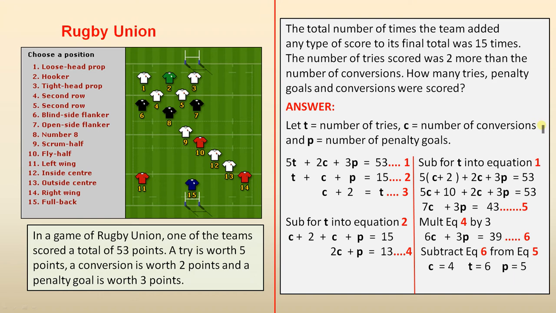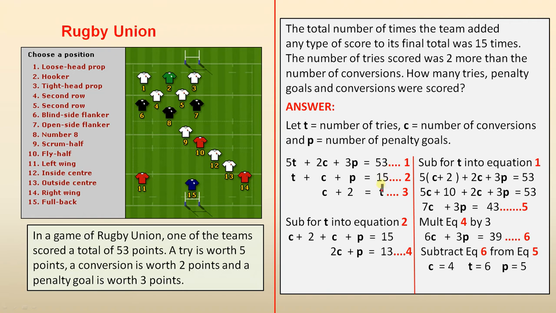Now here's how we do it. This is the answer. If we let T equal the number of tries, C is the number of conversions, and P is the number of penalty goals. Now we were told that 53 points were the total points scored, so 5 times the number of tries, plus 2 times the number of conversions, plus 3 times the number of penalties was 53.